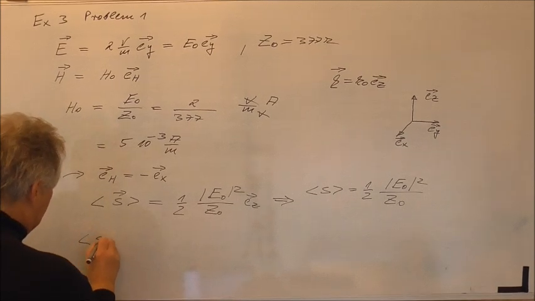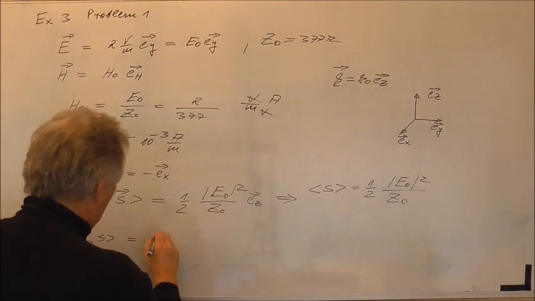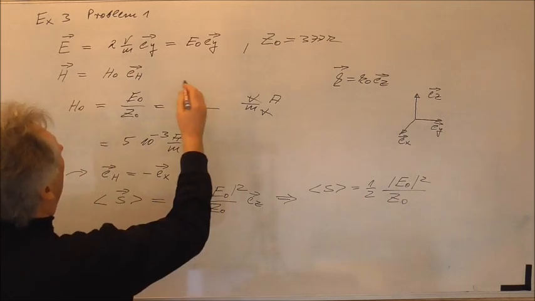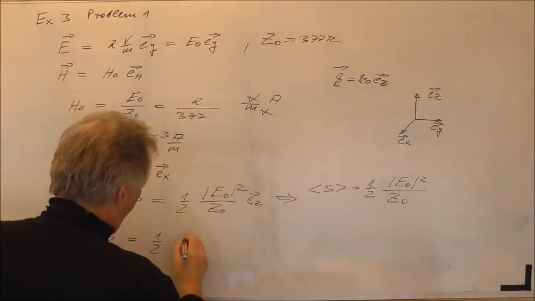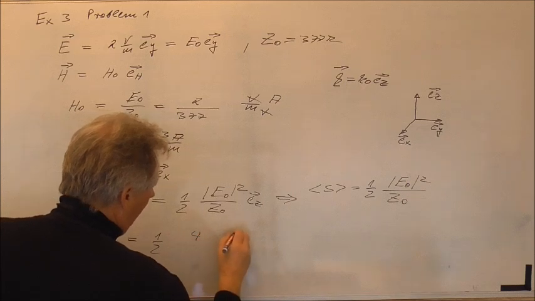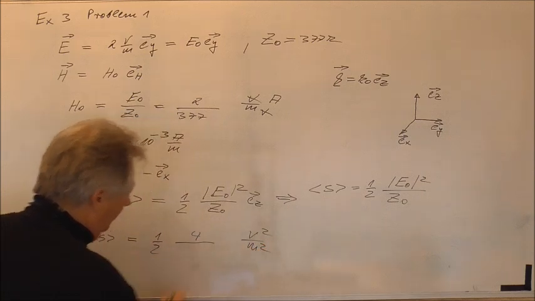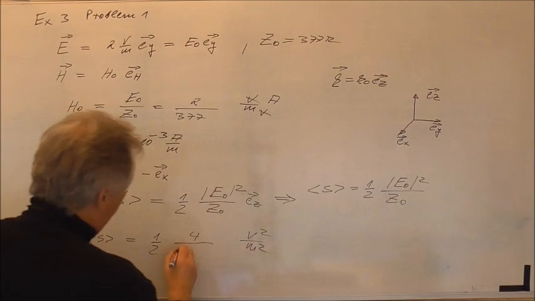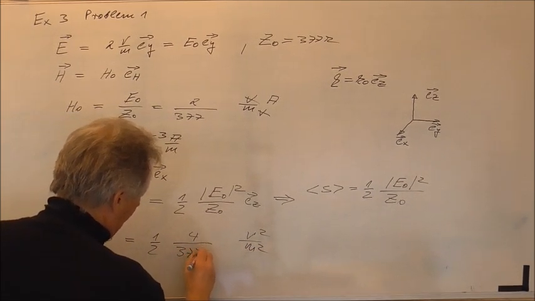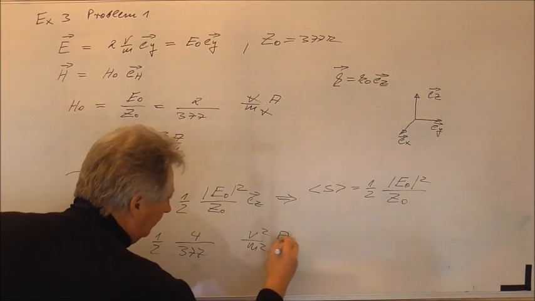It's very easy to calculate this value. Of course, the time average pointing vector will be 1/2 times 4 volt square over meter square divided by 377 volt over ampere.